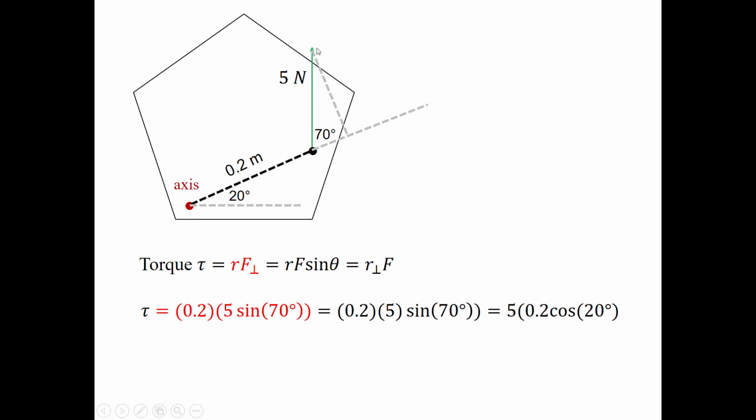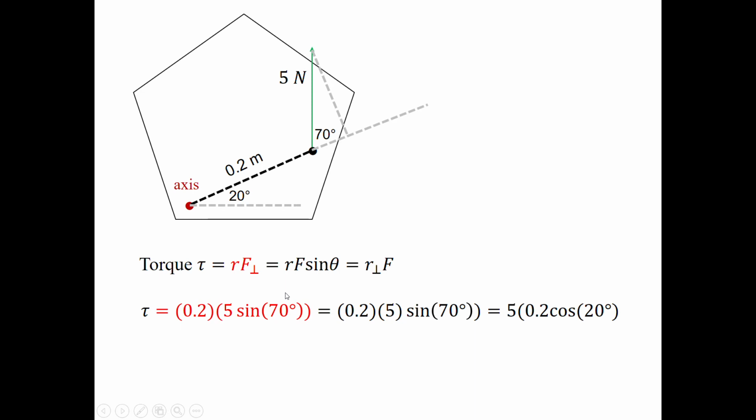And so to get that, I would say, let's see, if this angle is 20 degrees, then this angle down here would be 20 degrees, and therefore this angle is 70 degrees. However you can figure that out, that's good. And so if I take 5 newtons times the sine of 70 degrees, that would give me this side, which is my f perpendicular. 5 times the sine of 70 is f perpendicular. And you multiply that by your r times f perpendicular.